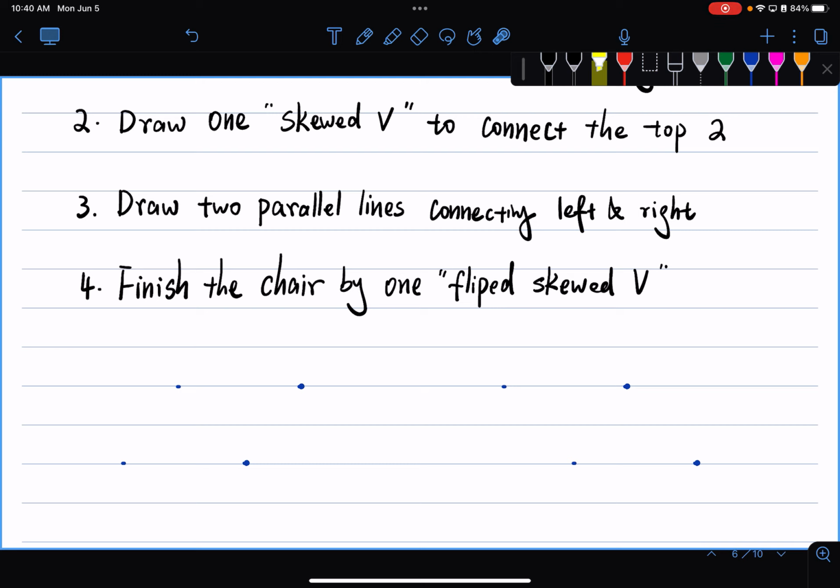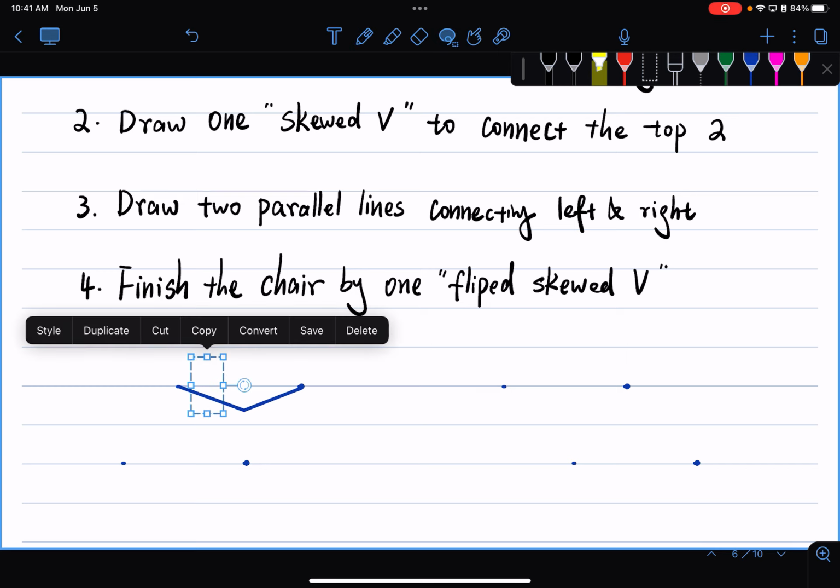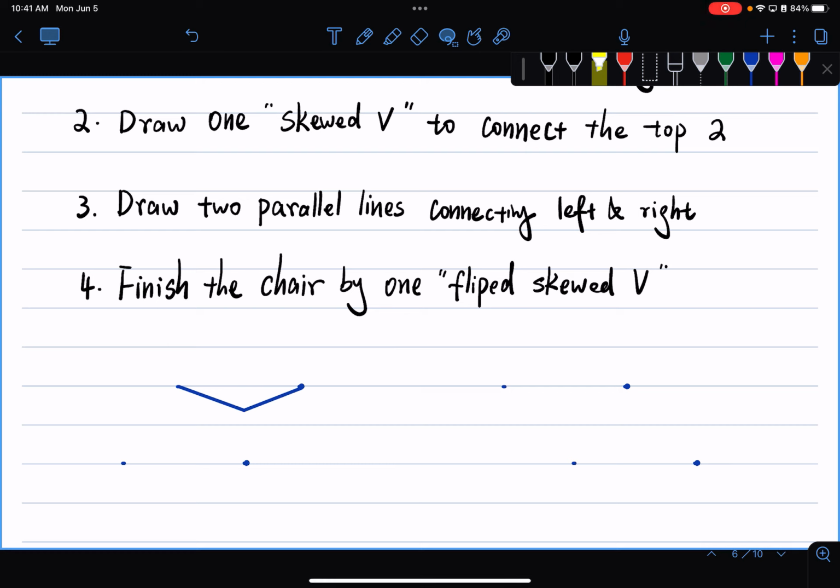That's not a rectangle. And then we draw 1 skewed V, connecting the top 2 dots. So what we have is like this. When we're doing that, you can draw 2 parallel lines; that's the second step. You draw a V shape. Now this V shape is a little bit tilted.